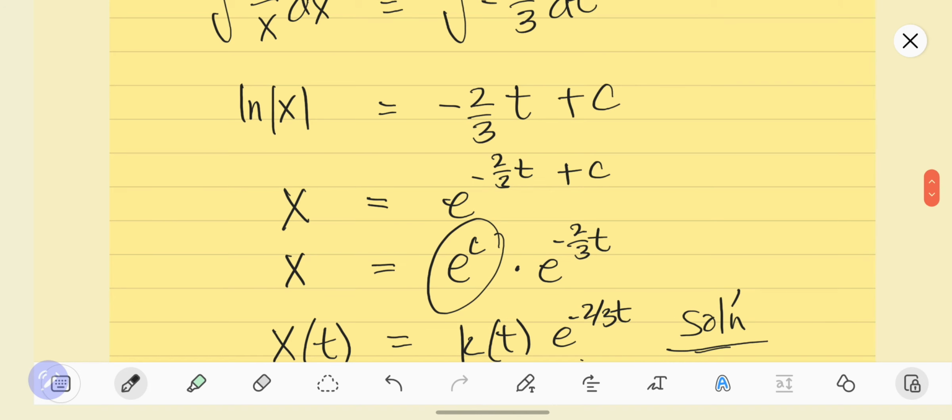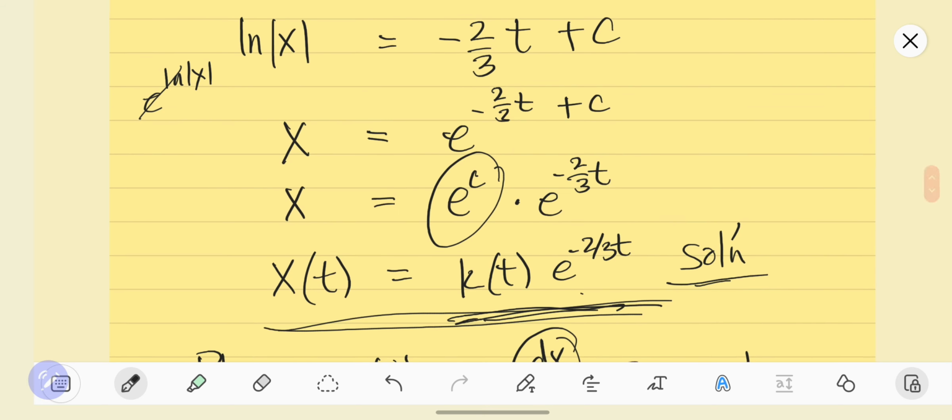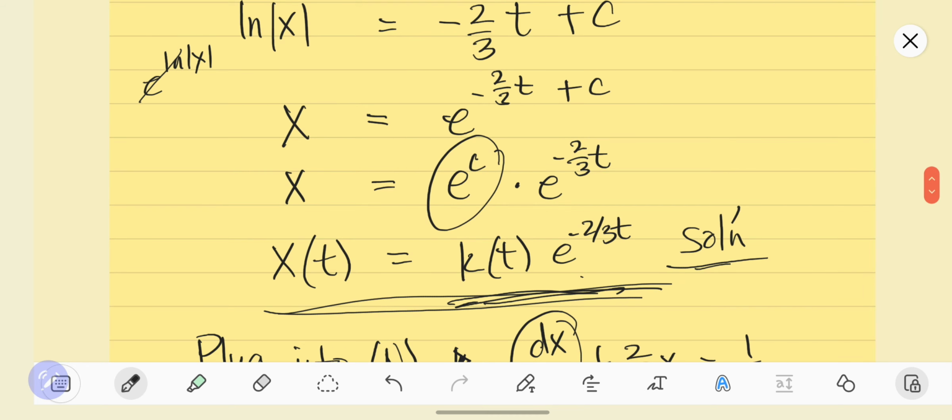To cancel the natural log, we raise both sides to e. So e to the ln x would be cancelled. Then the answer would be x is equal to e to the negative 2/3 t plus c. Simplifying, e to the c times e to the negative 2/3 t.